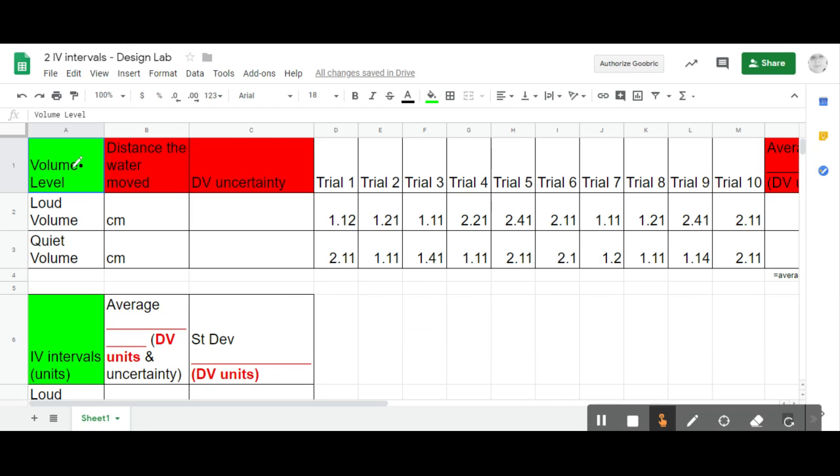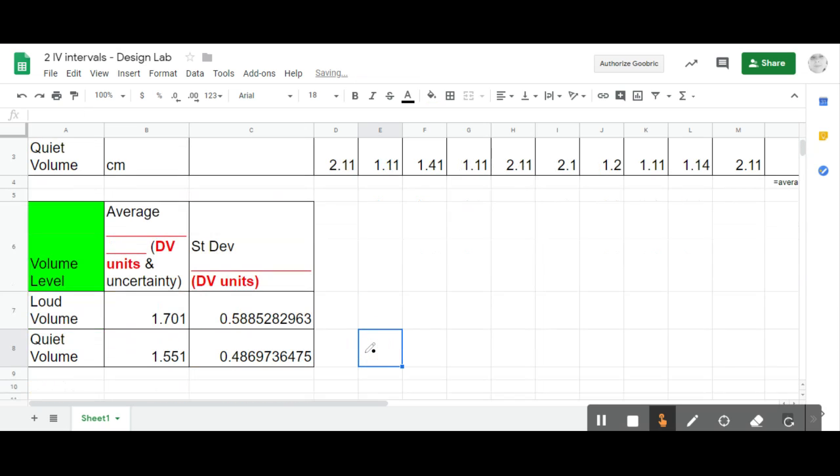I'm going to keep these labels. Copy this one. And then it looks like I have some writing to do, but there's the data I need in order to make the correct graph of my data. I'm going to compare the loud volume to the quiet volume in a graph.